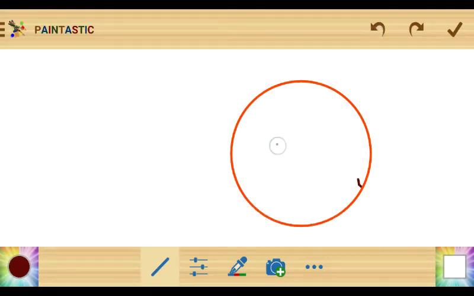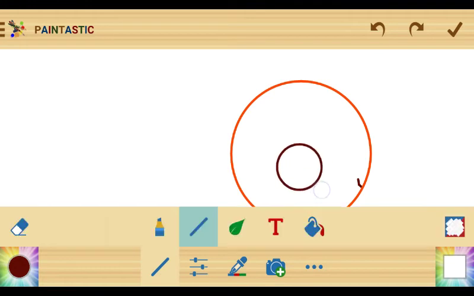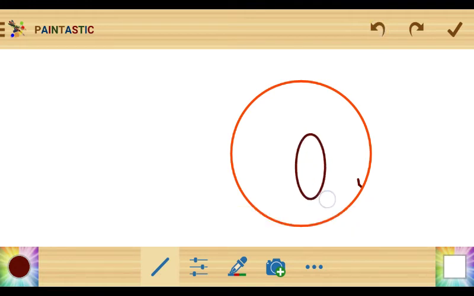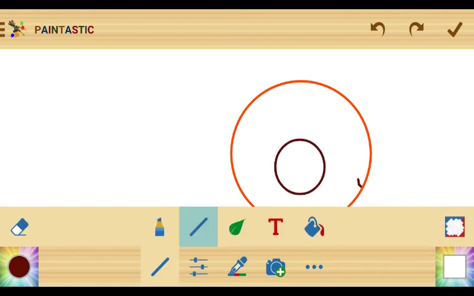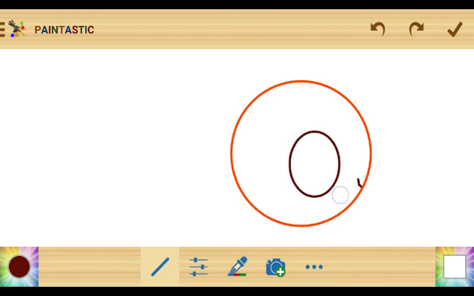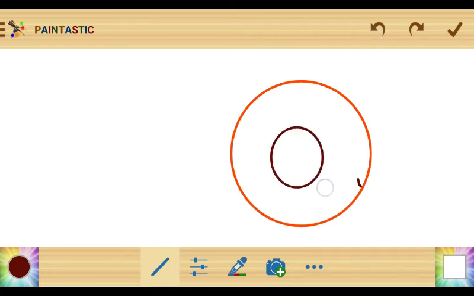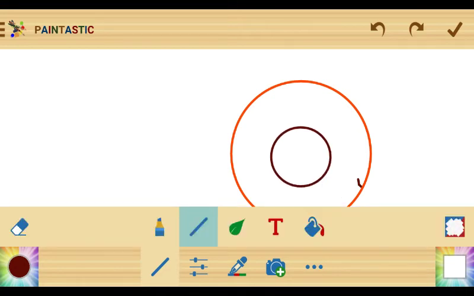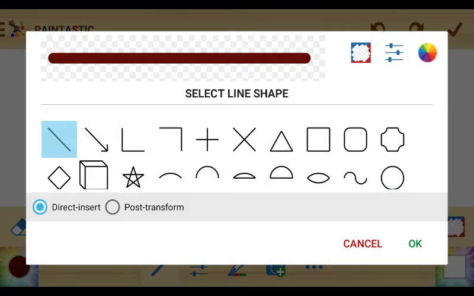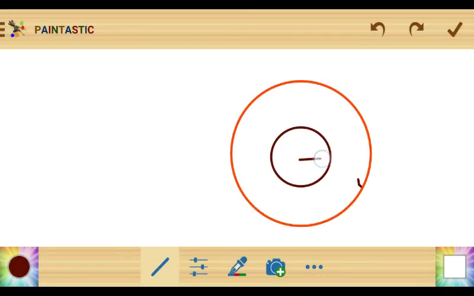I am getting a little difficulty in drawing the inside. There are two spheres, the inner one and the outer one from the center.